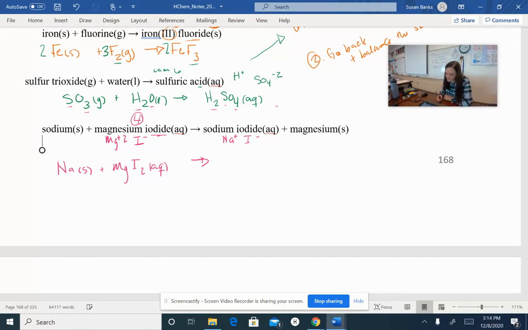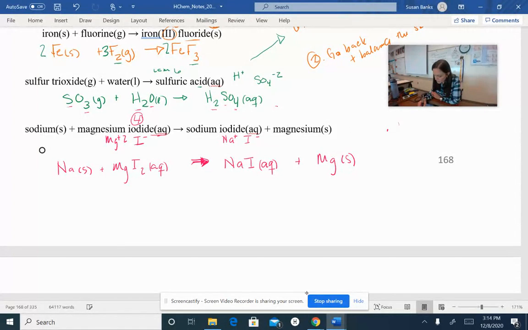So when I look at my sodium iodide, it's going to be a 1-to-1 ratio here. 1 sodium to 1 iodine, and that is going to be aqueous. And then magnesium is going to be off by itself in the solid state. Okay, there's my skeleton.